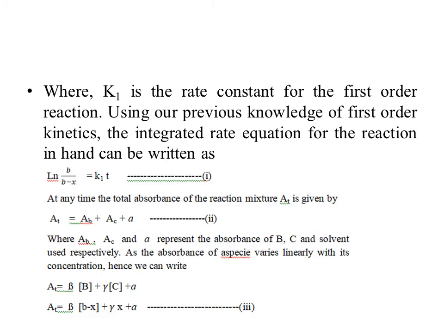Now putting the value of B and C from the previous equation, we can write AT is equal to beta into B minus X plus gamma X plus alpha. This is equation number 3.